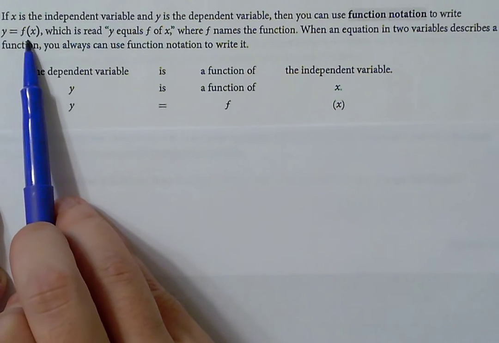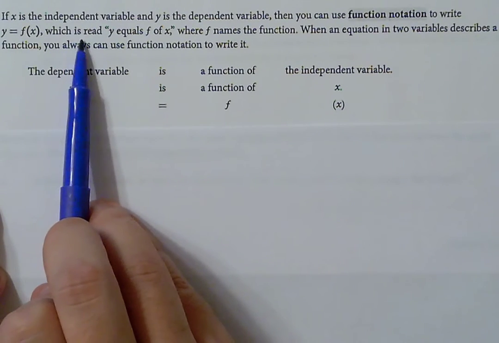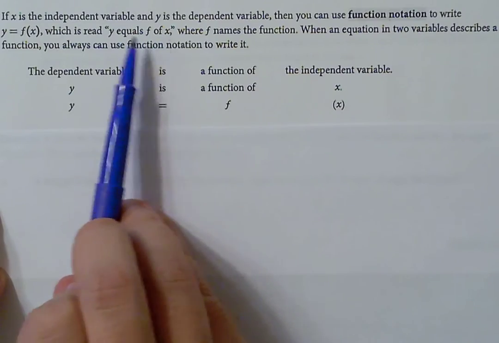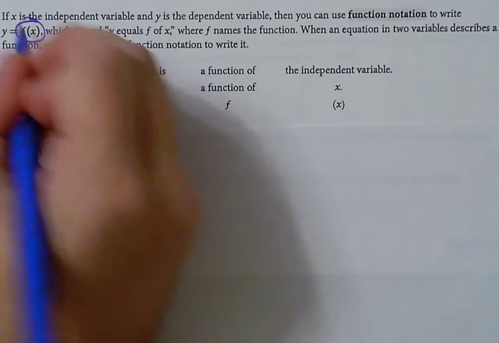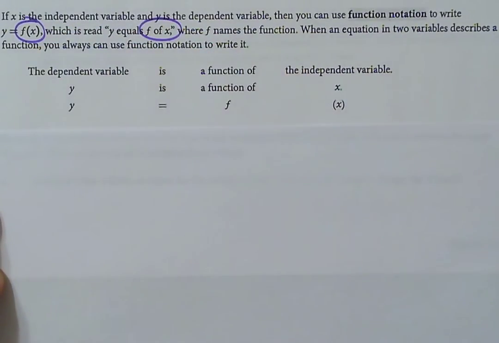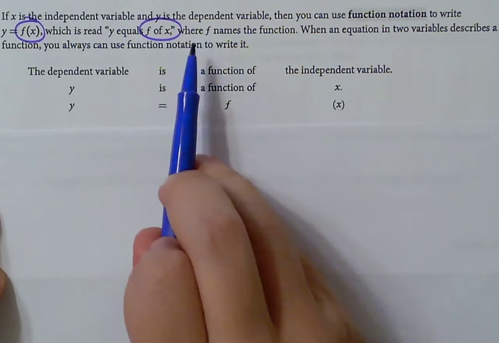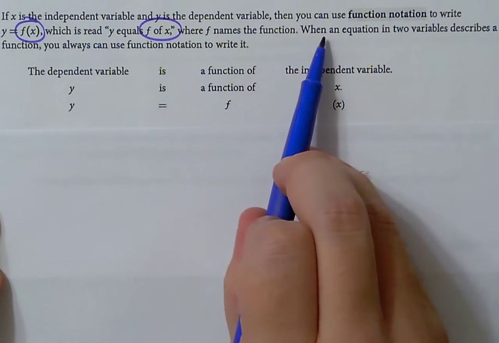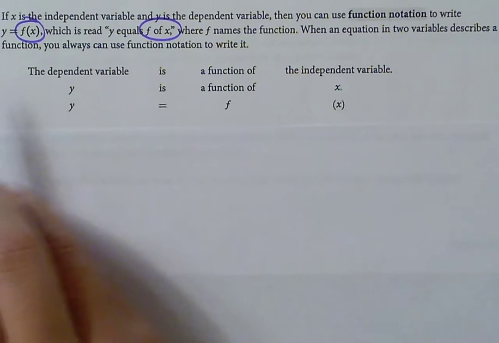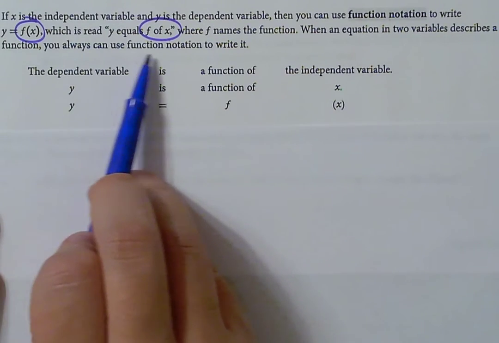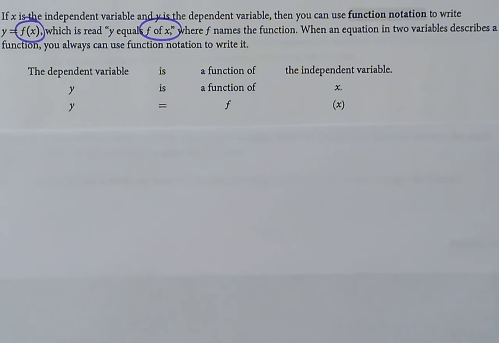This reads y equals f of x, where f is the name of the function, and the equation in two variables describes the function. You can always use function notation to write it.